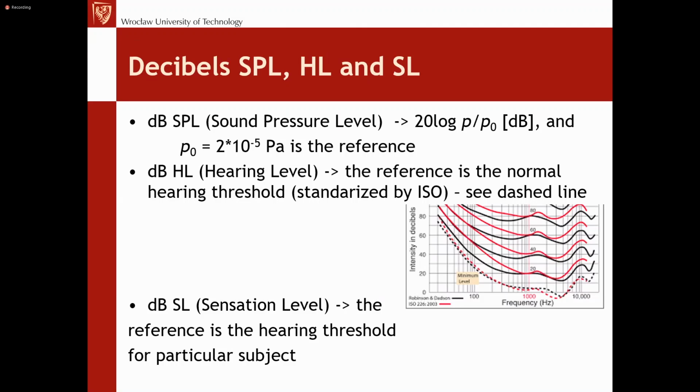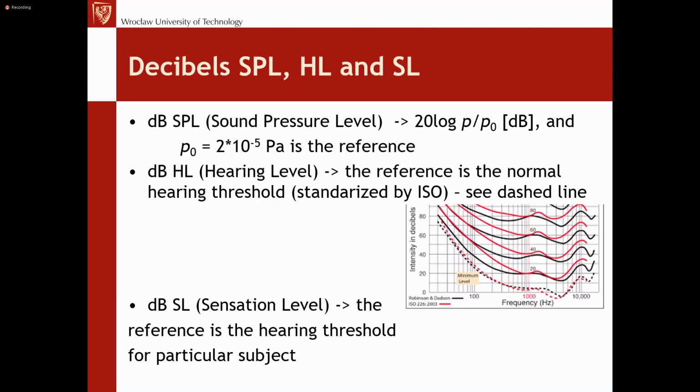And so when we have somebody with some hearing loss, it is sometimes easier to express that using dBSL, where the reference is the actual hearing threshold of this particular measured person.